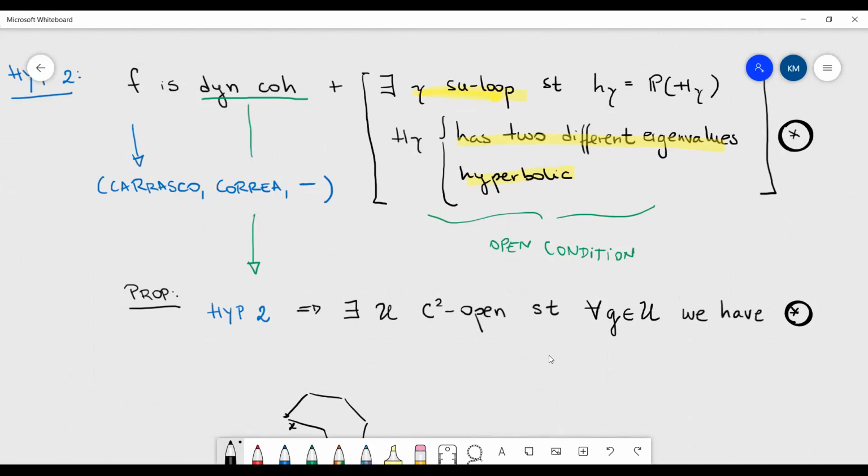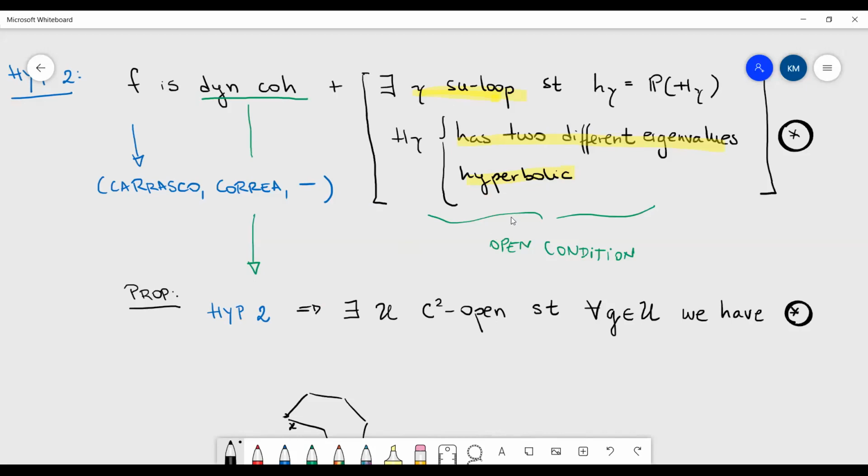We don't know. It's the natural question to ask, but we don't know yet what happened. Okay. But you have no idea how these loops change when you perturb the dynamics. Of course, it's a very naive question.